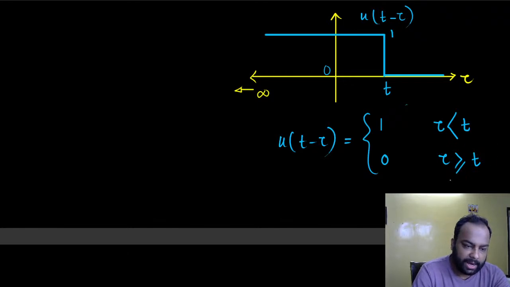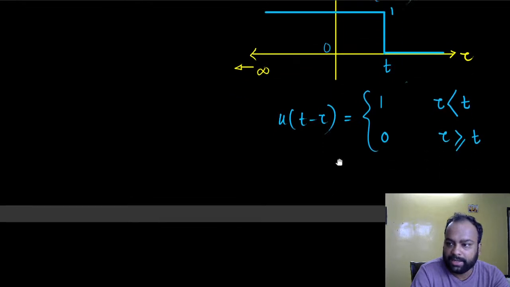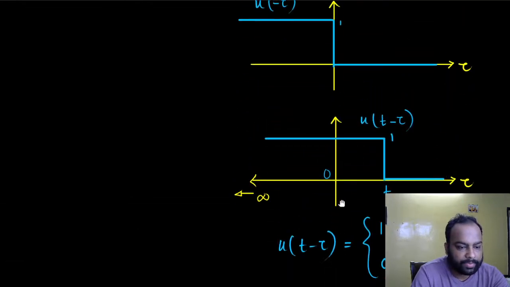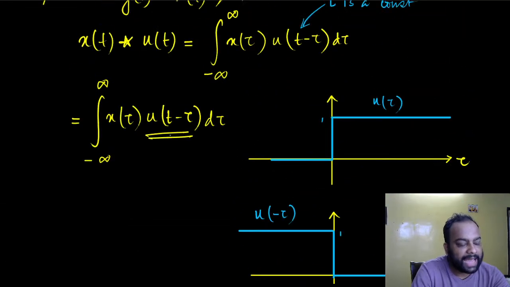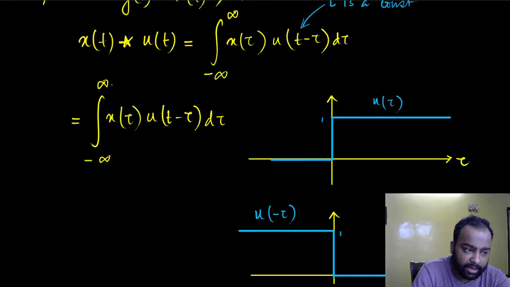So that's pretty understandable, right? This is essentially what we have drawn here. Now look at the limits for τ for this integration: it varies from negative infinity to positive infinity.